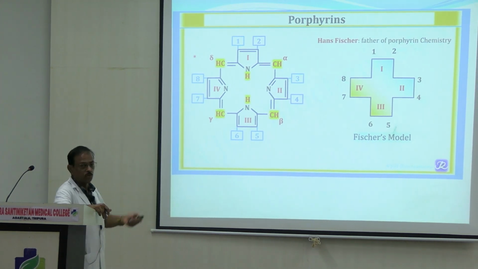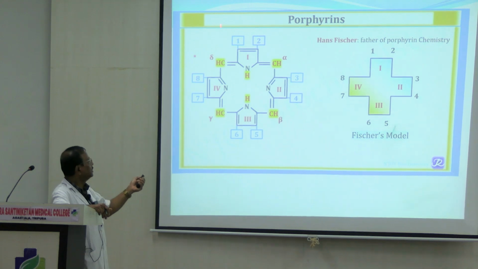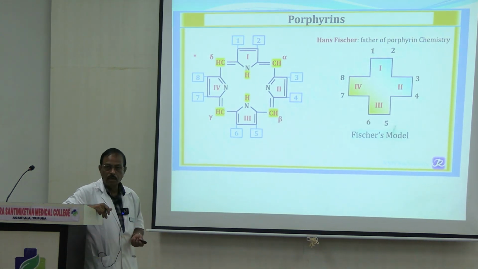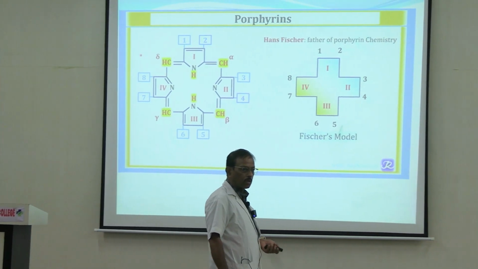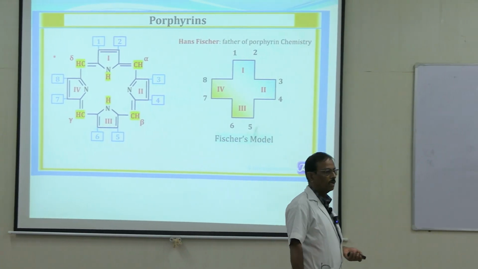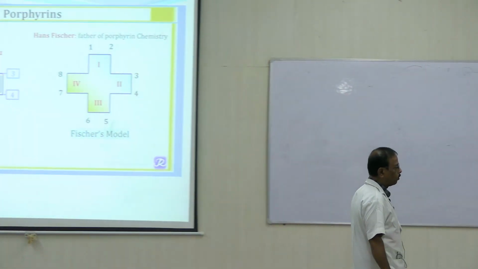Now, if the substituent groups in these positions are symmetrical, they are called type 1 porphyrins.